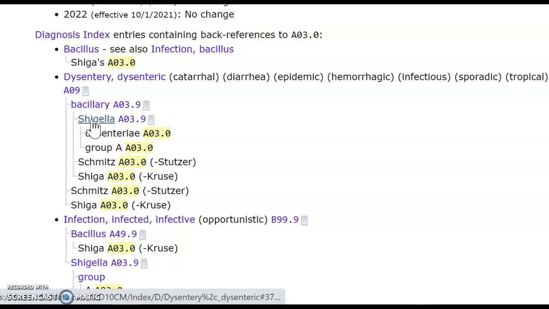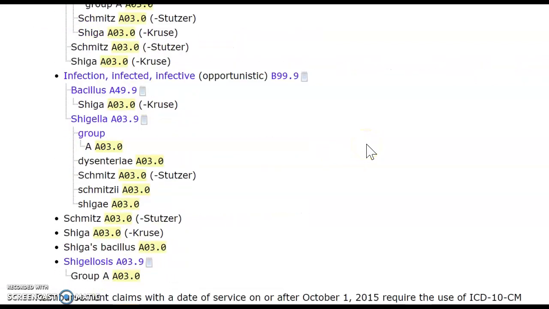If you go under that, you will see Shigella is followed by dysentery, which is what we are looking for. But if you're just looking for Shigella, you can also do that, and it comes under the word infection and then Shigella, and Shigella is again followed by the word dysentery. Do you see how this line connects dysentery to Shigella, which is the right pathway for us to follow?